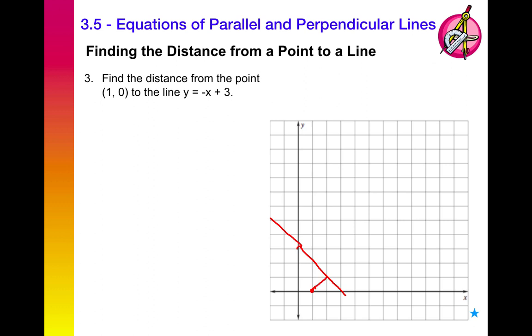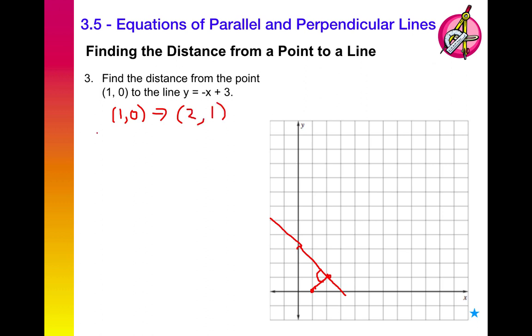So I have to find a perpendicular, and the perpendicular happens to be right at this point of 2, 1. So the distance I want to find is from 1, 0 to 2, 1.